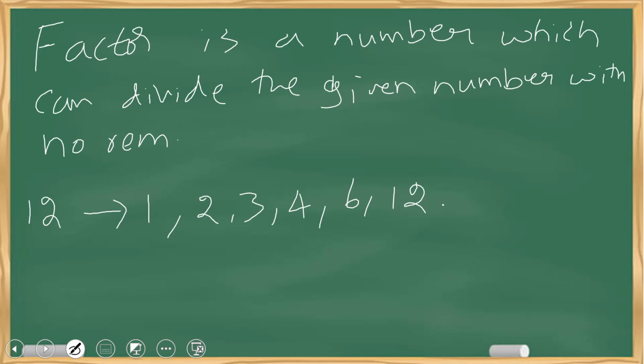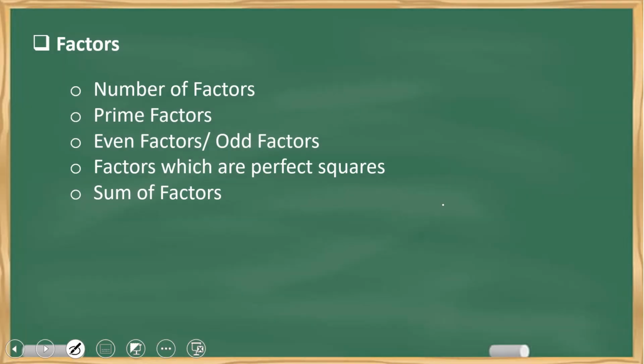But here, in aptitude, every question will be given less than or equal to 1 minute only. So in this 1 minute of time, you are supposed to find the answer for the given question. Now, what kind of questions can we expect from the factors concept?